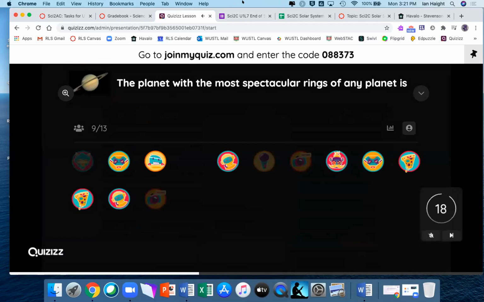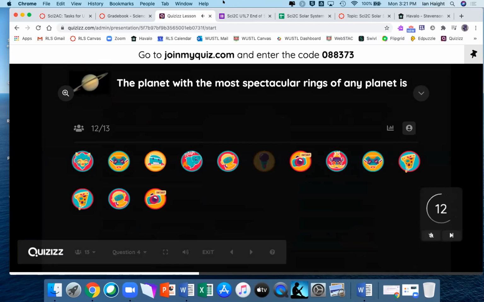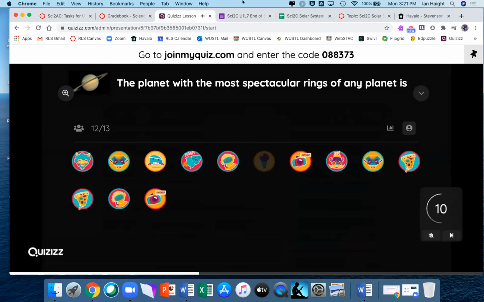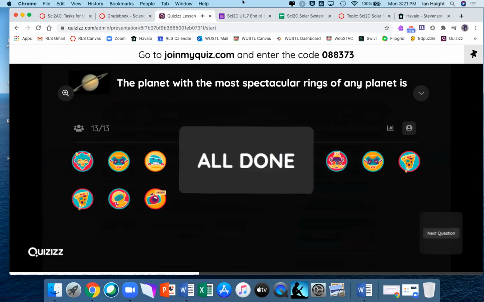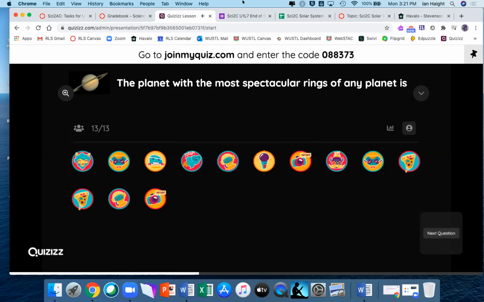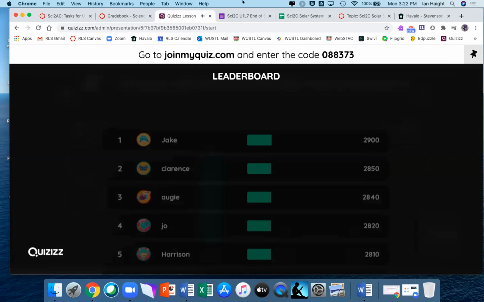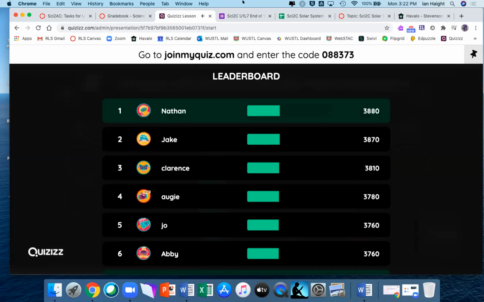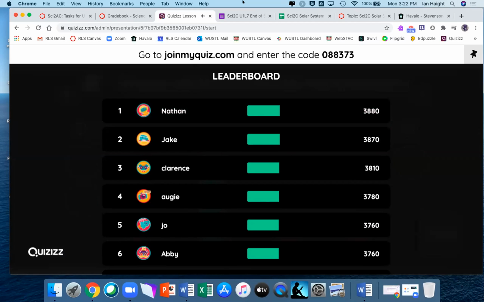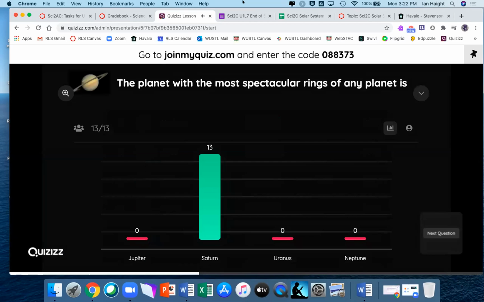The planet with the most spectacular rings of any planet is? Nathan in the lead now. Saturn indeed has the most spectacular rings. However, all of the other planets have rings: Jupiter, Uranus, and Neptune. It's just Saturn's are the most visible.